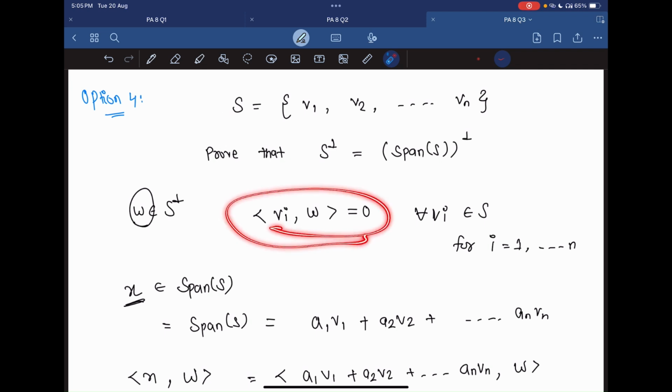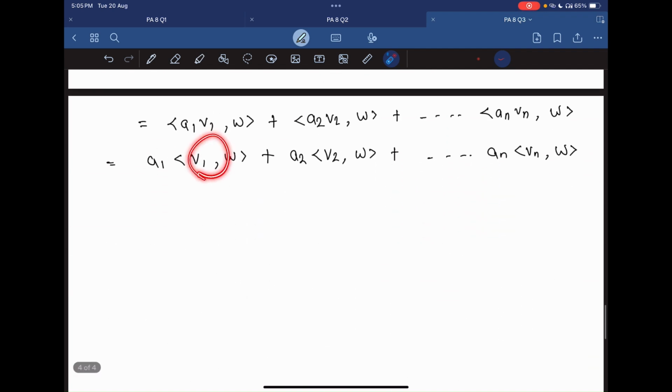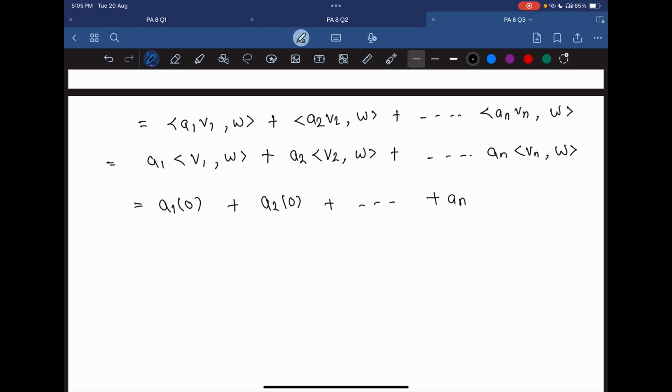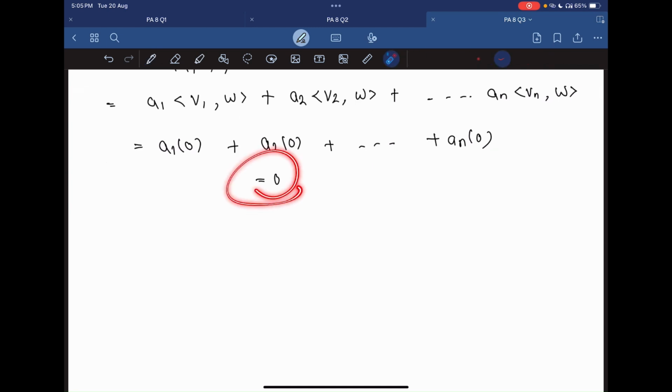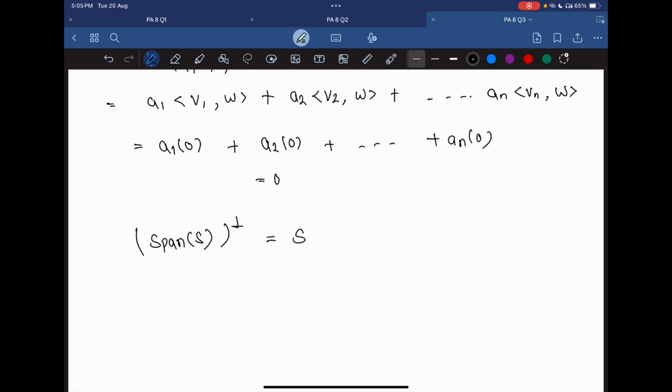That is, the inner product of vi with w would be 0 for any vector in the set S. So all these inner products would be 0. So we get a1 times 0 plus a2 times 0 and so on, n times 0. So this would be all 0. As we got this as 0, that means the orthogonal complement of the span of S is the same as the orthogonal complement of the set S.